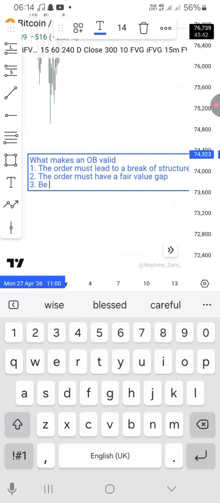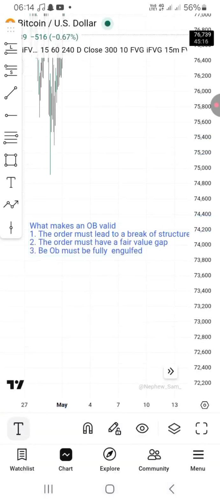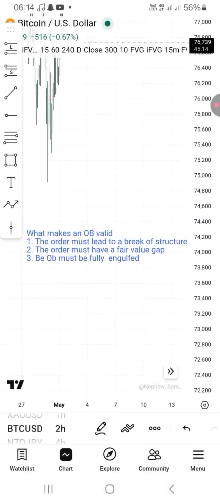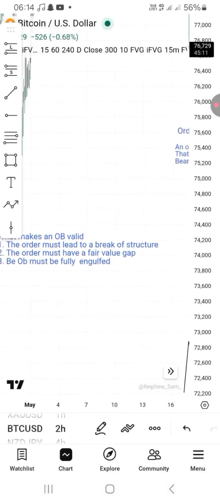The order block must be fully engulfed. So this is basically what we are looking at.